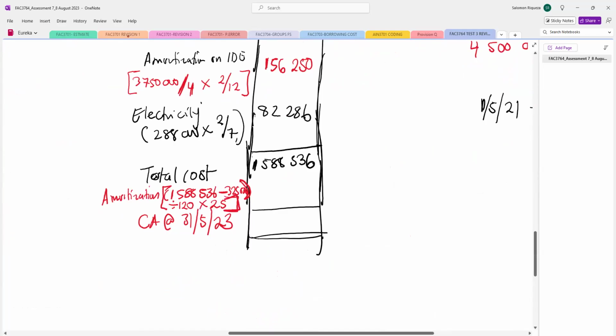Okay, please let's calculate my accumulated amortization, because this is everything you've done so far. 1,588,536 minus 325,000, divide by 120, multiply by 25.